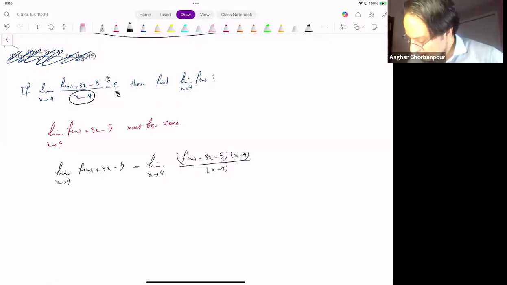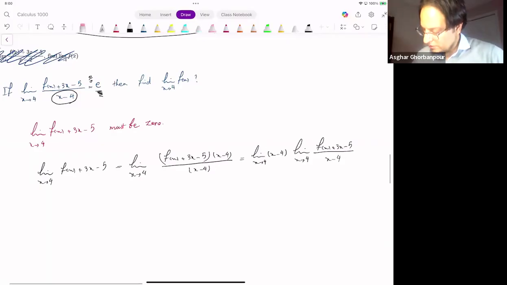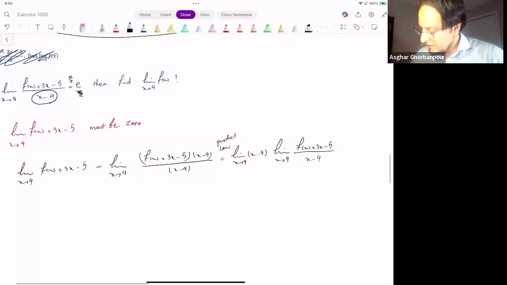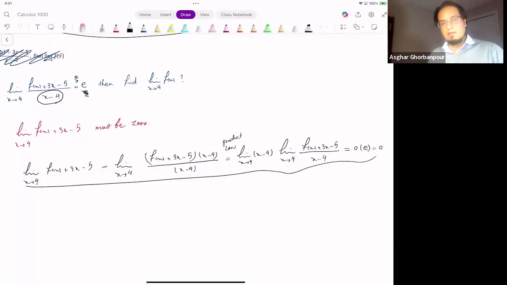And then this is the same thing as the limit of (x minus 4) times the limit of (f of x plus 3x minus 5) over (x minus 4) as x goes to 4. Here I use the product law. But the first one has limit 0. The second one is given as e. So the whole thing must be 0. So that is a more mathematical way of saying that.